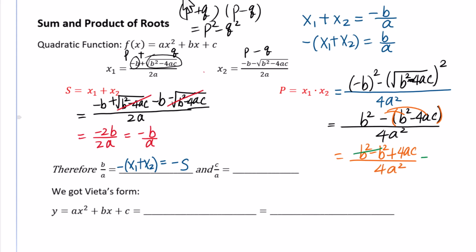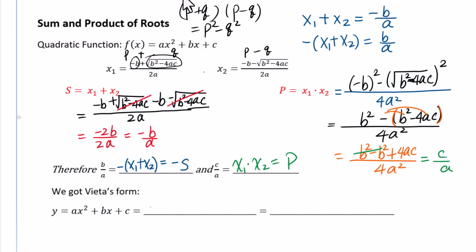Cancel. Reduce, c over a. So c over a equals x1 times x2 equals p.